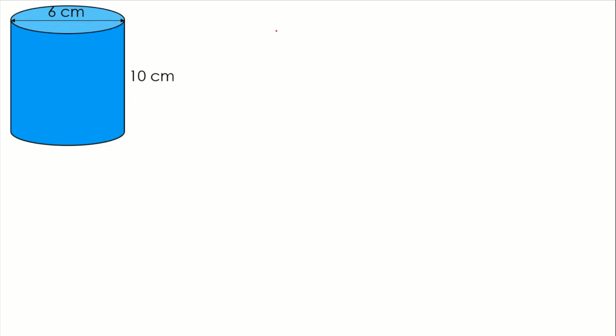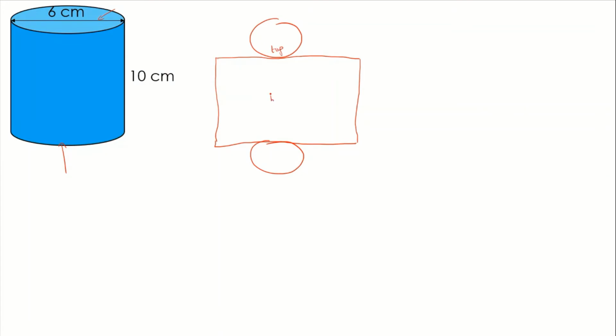Hope you agree, a cylinder has got a top, which is a circle, and it's got a bottom, which is also a circle, and the bit in the middle is actually a rectangle, like this, that unfolds and wraps around these circles to make the body of the cylinder, okay? So this is the top. I call this the body, and this is the bottom.